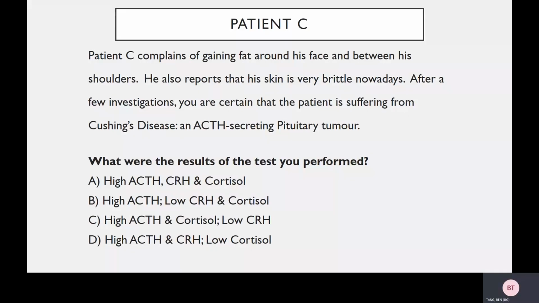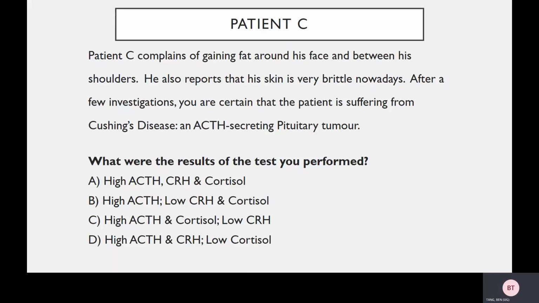Last final question is, patient C complains of gaining fat around his face and between his shoulders. He also reports that his skin is very brittle nowadays, right? So gaining fat around your face and getting that camel hump between your shoulders is very indicative of Cushing's syndrome, which is basically excess glucocorticoids, which are steroids, the most common form being cortisol in your body.